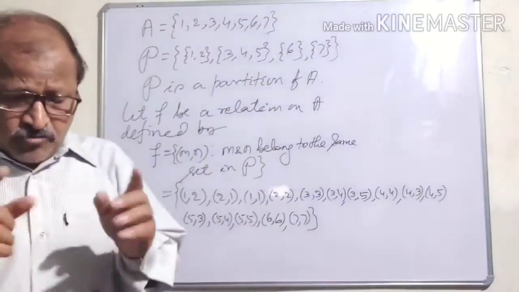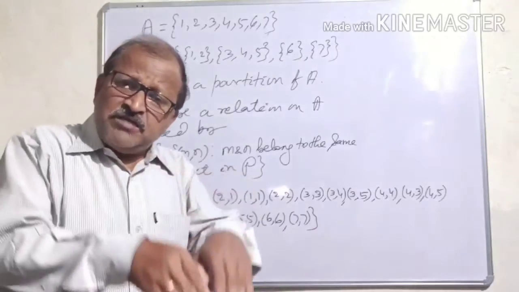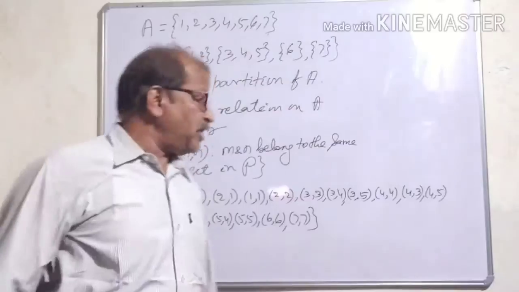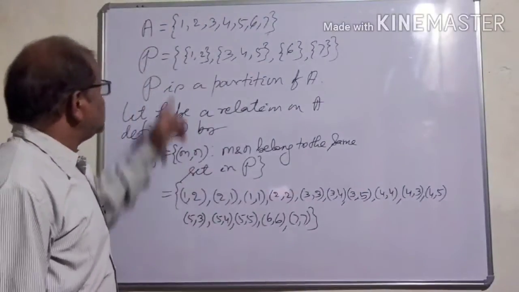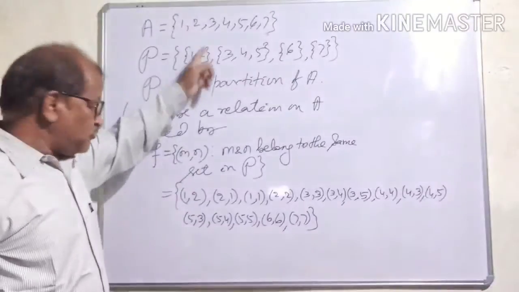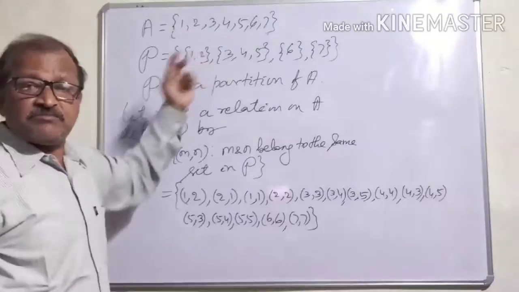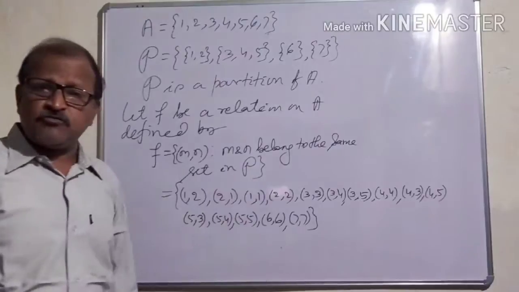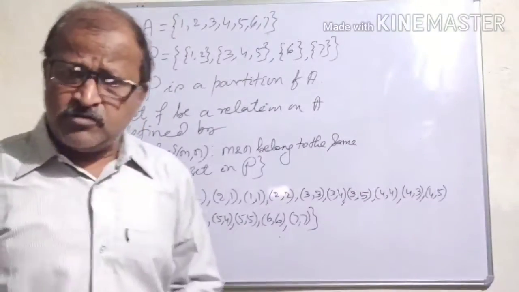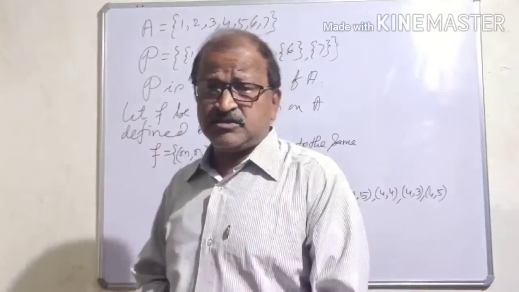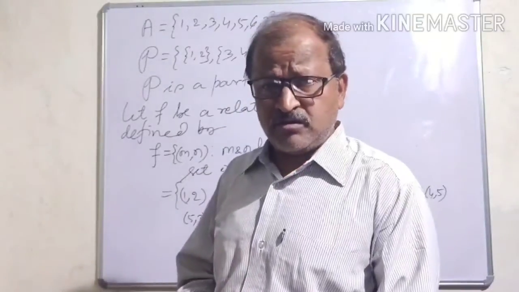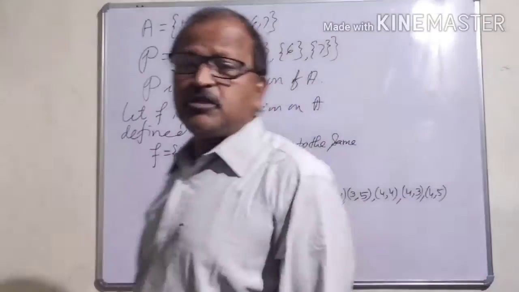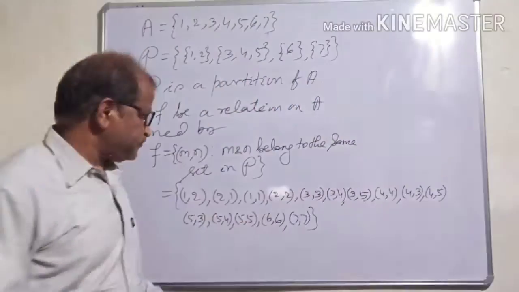So whenever m and n, two elements, are in the same set of the partition, then only m will be related to n. Here you see 1 and 2 are in the same set. So 1 will be related to 2 and 2 is also related to 1. 1 is also related to 1 because 1 is in the same set as that of 1. So 1 is related to 1, and similarly 2 is related to 2.